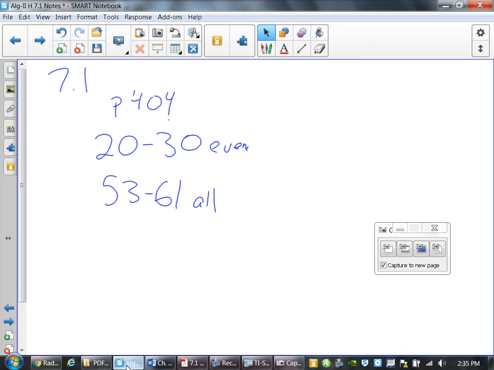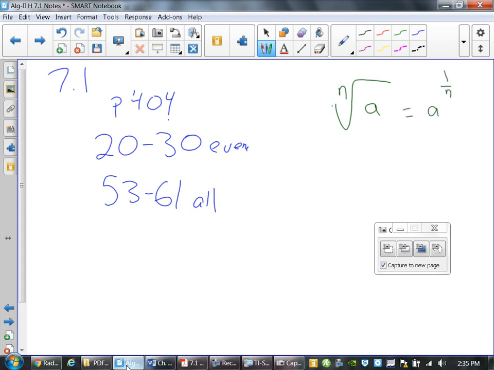So for the two that were out, nth roots. An nth root is a to the 1 over n.